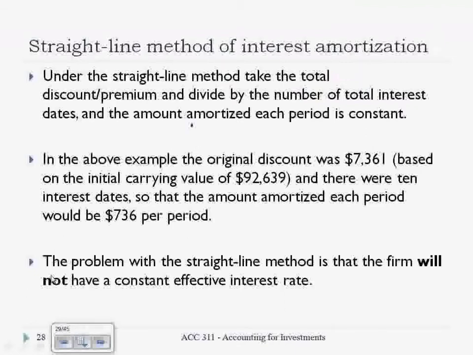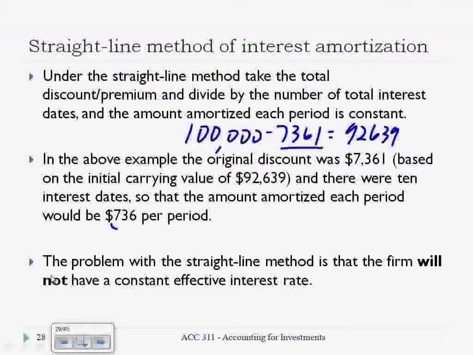Remember, the bonds sold at $100,000 minus $7,361. They sold for $92,639. And so if we're going to do the straight line method this way, we take $7,361, divide by the 10 interest dates, and we would amortize $736 per period.